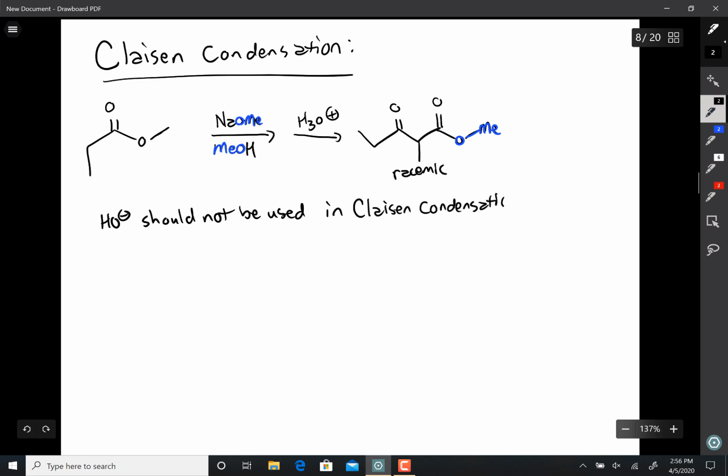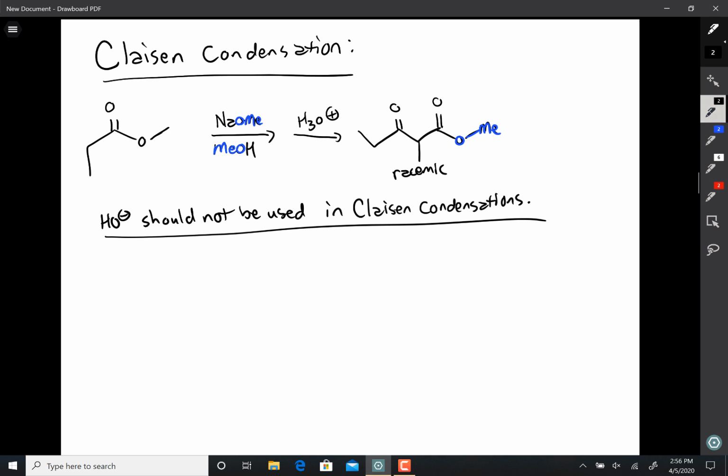Hydroxides should not be used in Claisen condensations. So, think about that statement as we do the mechanism of the above reaction.